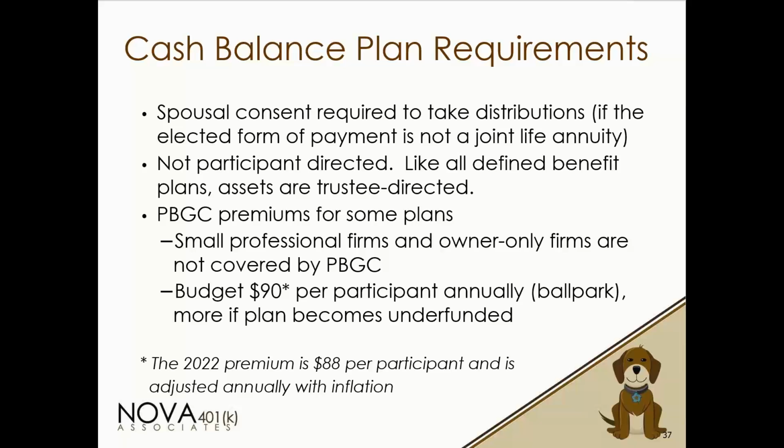And so because it's an insurance, there's a premium, and basically you can expect about $90 a participant. For 2022, the flat premium is $88. And then for underfunded plans, there's additional premiums on top of that. Underfunded meaning that your liabilities in your plan are greater than your assets in your plan.